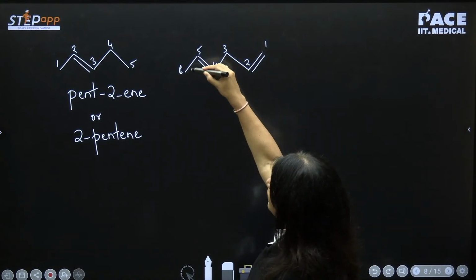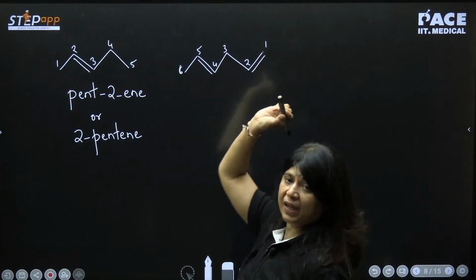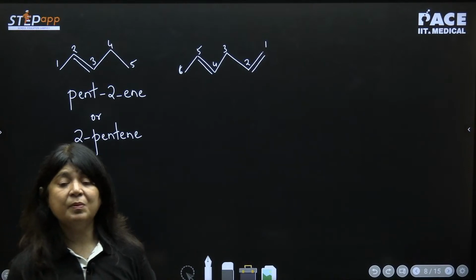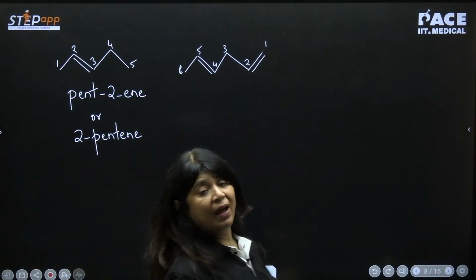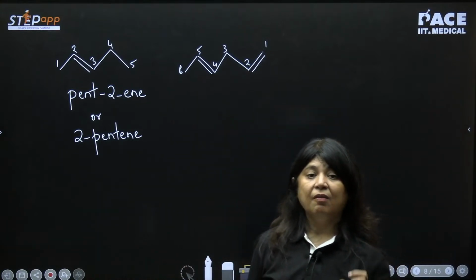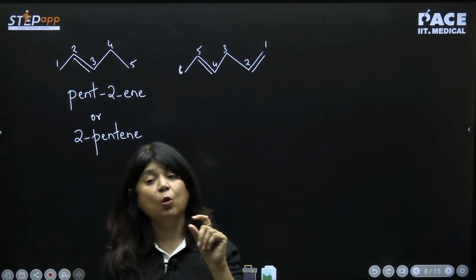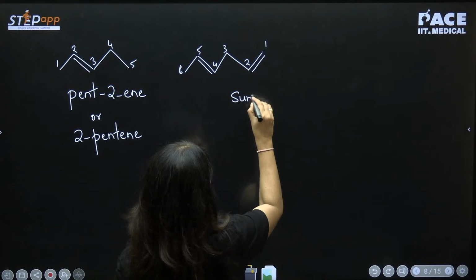From the left hand side, the double bonds will get position 2 and 5. 2 and 5, when you add up, gives me the value 7. 1 and 4, if you add up, the value comes out to be 5. When you add up, that number which you are going to get is called the sum of locants.